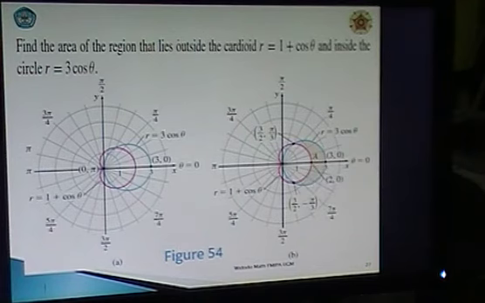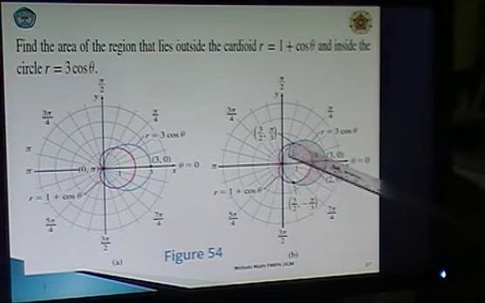And therefore we have to start by finding the intersection between the cardioid and the circle. That means actually this point and that point. By simple calculation, we can find that this point is actually 3 divided by 2, pi divided by 3.